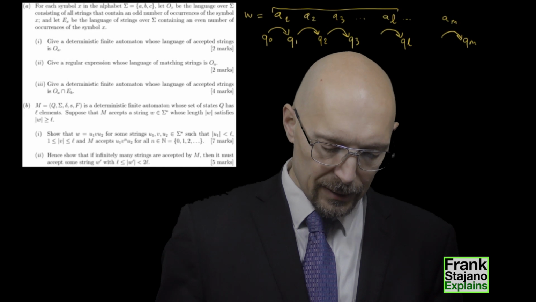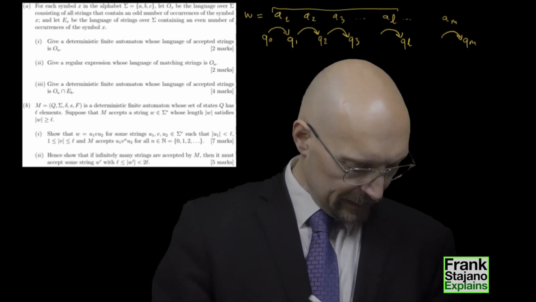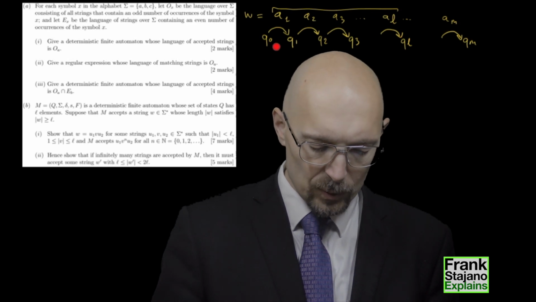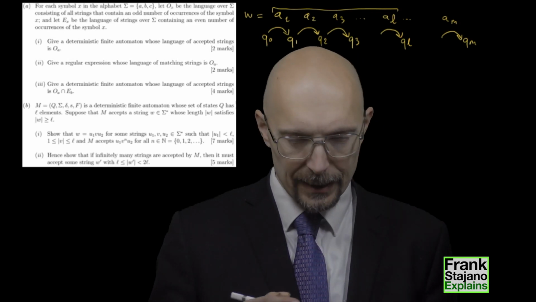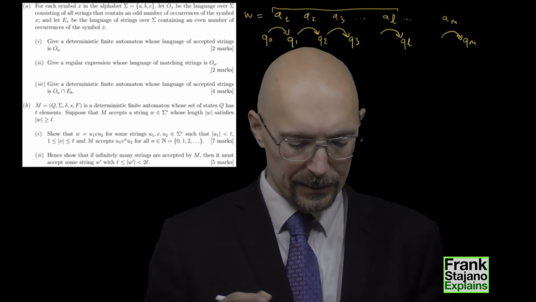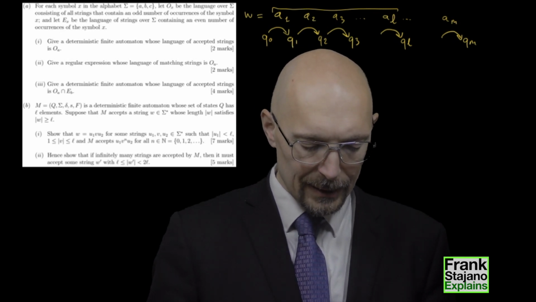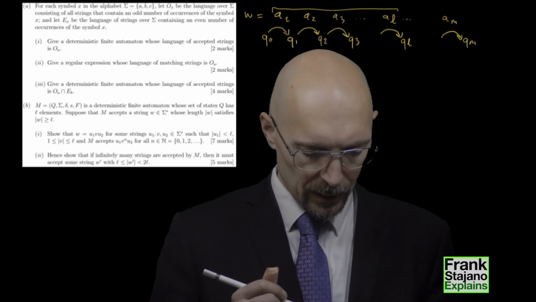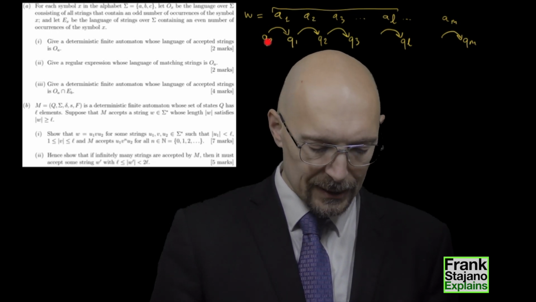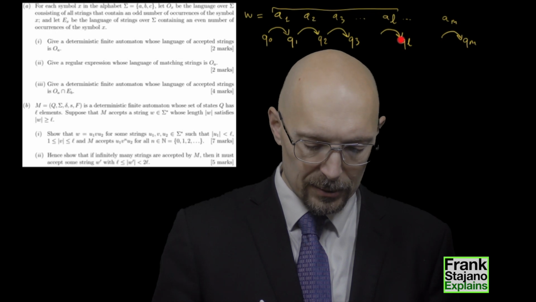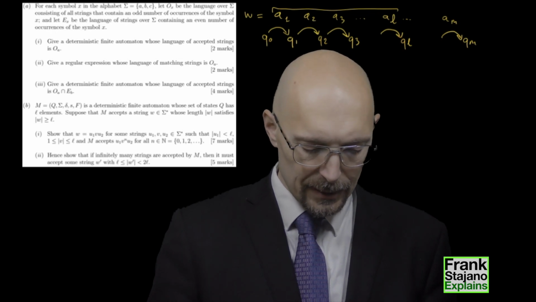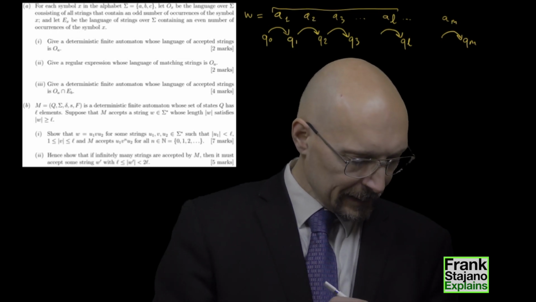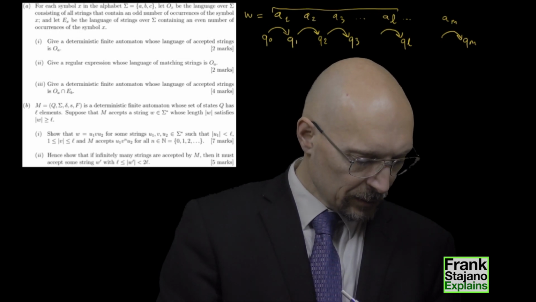Now, clearly, since this sequence contains L plus 1 states, and there are L distinct states in my machine M, then at least 2 of these states are the same state. So any 2 of the states in this part of the sequence, up to L, that are the same, I can designate with 2 special letters.